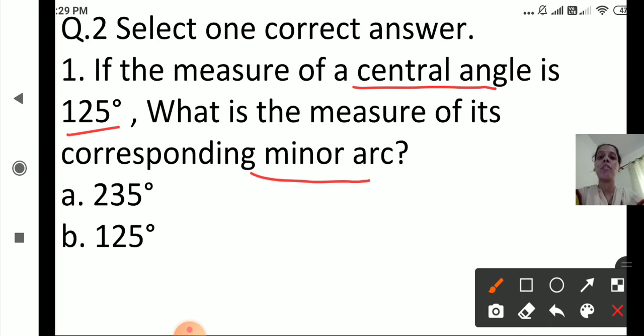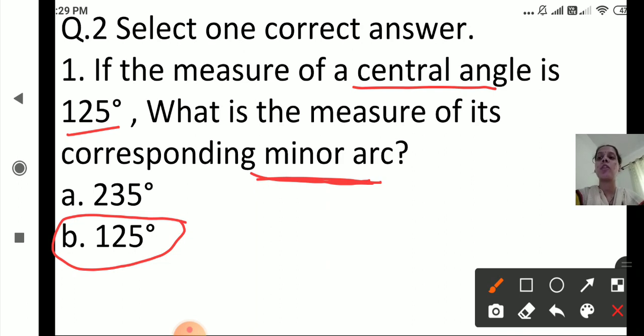Options are given. Option A is 235 degree and option B is 125 degree. Which is the correct option? Option B is correct, that is 125 degree. Because in a circle, the measure of a central angle is always equal to its corresponding minor arc, and here we have to find the minor arc.